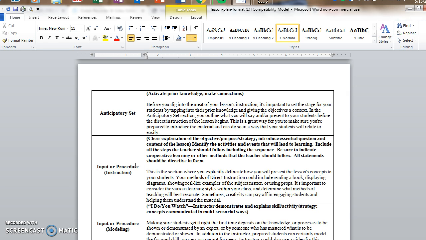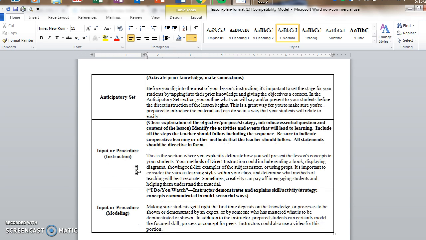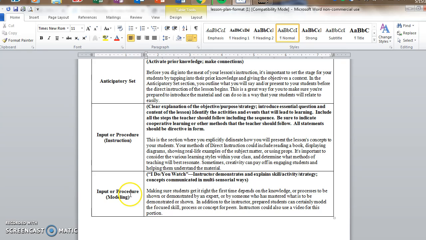It's important to consider the various learning styles in your class and determine what teaching methods will best resonate. Sometimes creativity can pay off in engaging students and helping them to understand the material. And oftentimes, whenever you have children that have disabilities, you may have to change it up for them too.